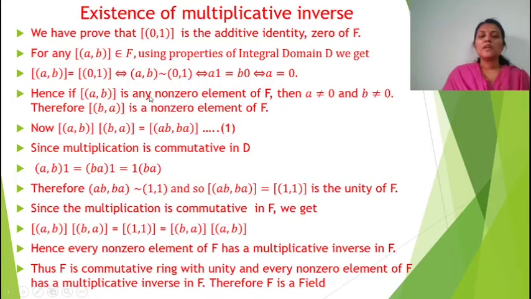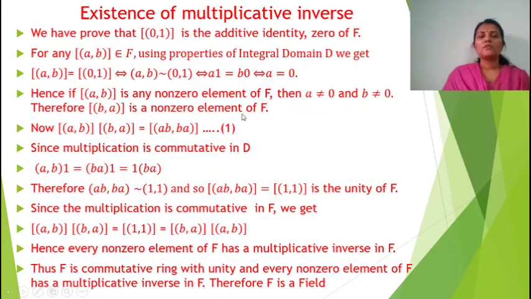Hence if (a,b) is any non-zero element of F, then a is not equal to 0, and by definition b is not equal to 0. Therefore (b,a) is a non-zero element of F.